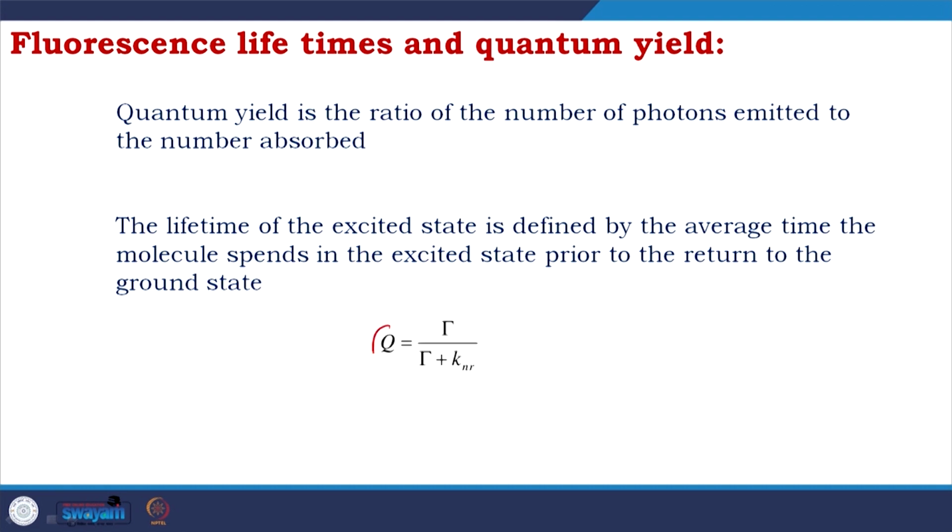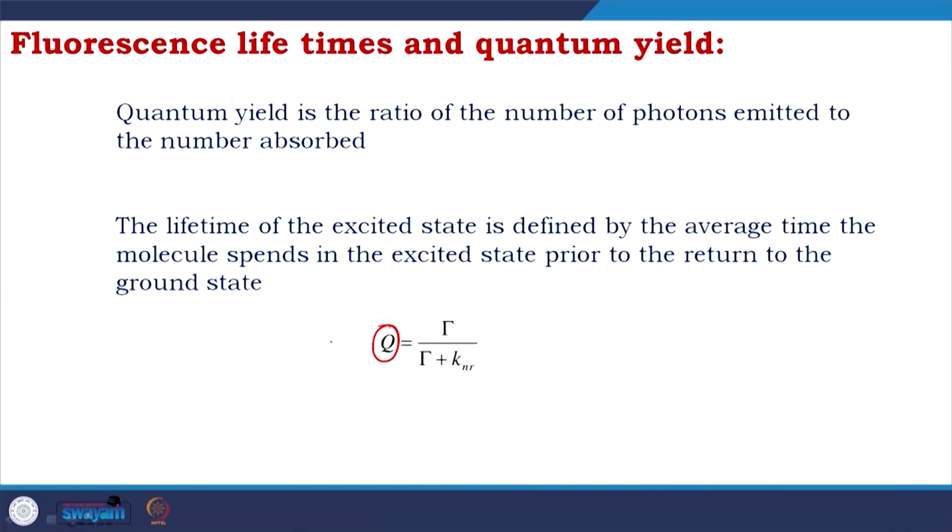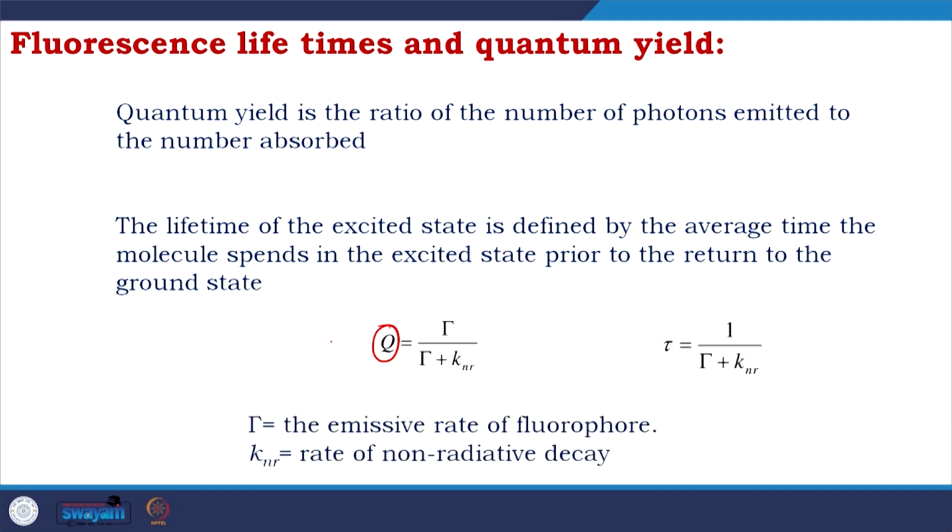Generally we use Q for quencher, but here Q is used for quantum yield: Q = tau by tau plus KNR, where small tau is the lifetime, and 1 by tau is the emissive rate of the fluorophore. It is characteristic to any fluorophore, and KNR is the rate of non-radiative decay.